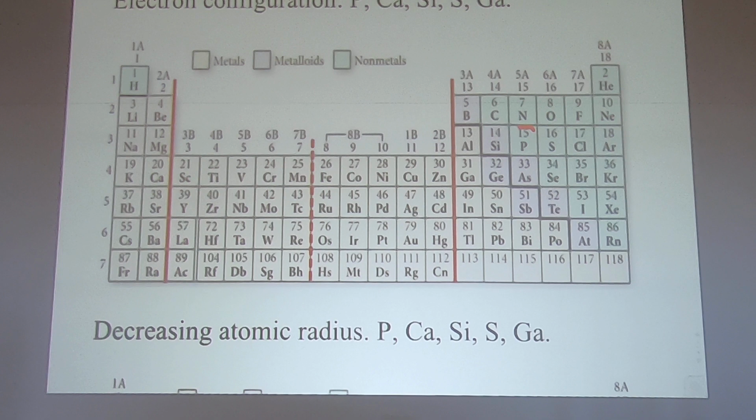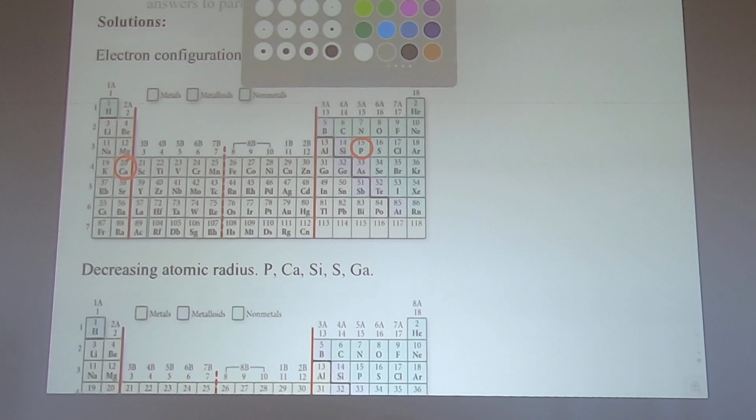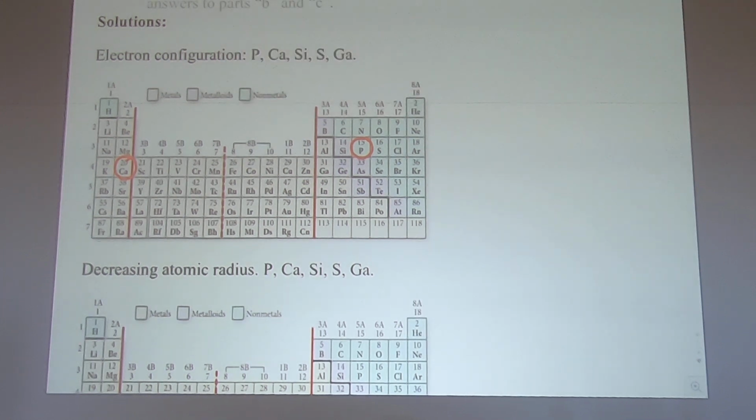So P is here, and calcium is here. Let me do the first one, the electron configuration. For P, you find the closest noble gas, which is neon.